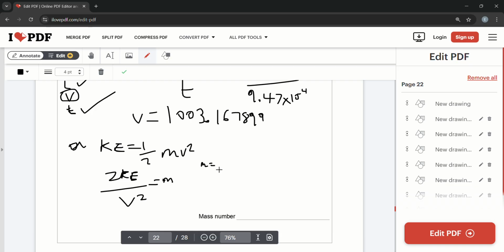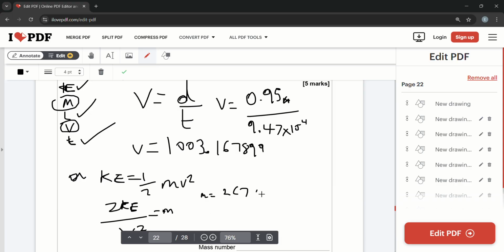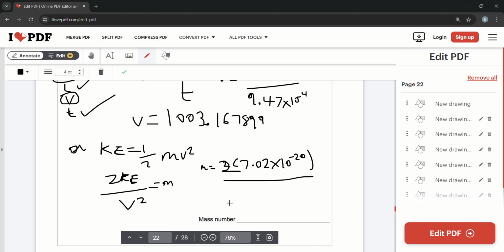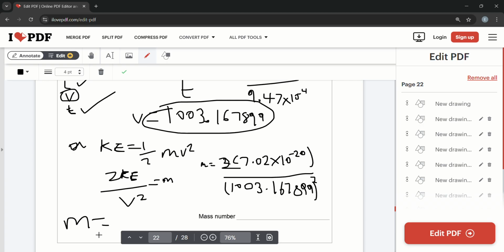So the mass is equal to 2 times the kinetic energy, which is 7.02 times 10 to the power minus 20, all over velocity squared, which is this number we just found out, 1003.16789 squared.